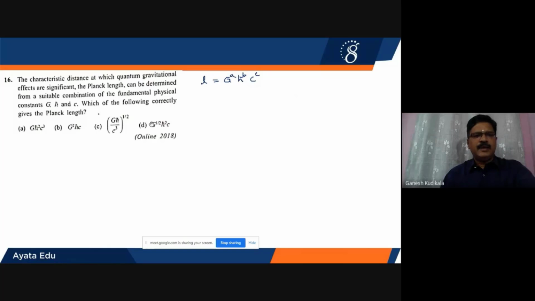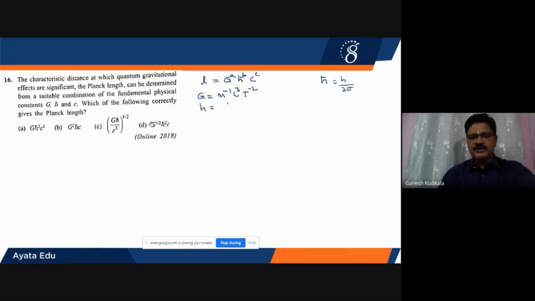Here he said the Planck's constant h bar. h bar is nothing but Planck's constant divided by 2 pi. Since 2 pi is a constant, we can consider h bar as h only. In the previous problems, we determined the gravitational constant's dimensional formula as m to the power of minus 1 L cube t to the power of minus 2.